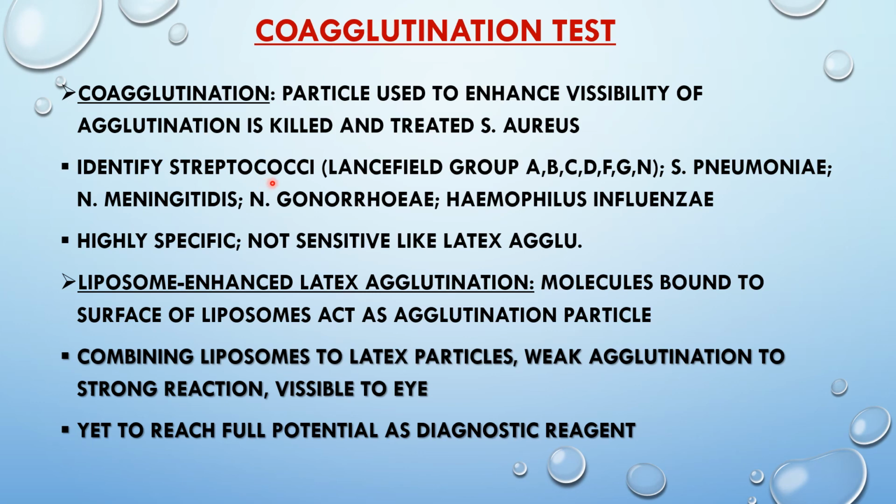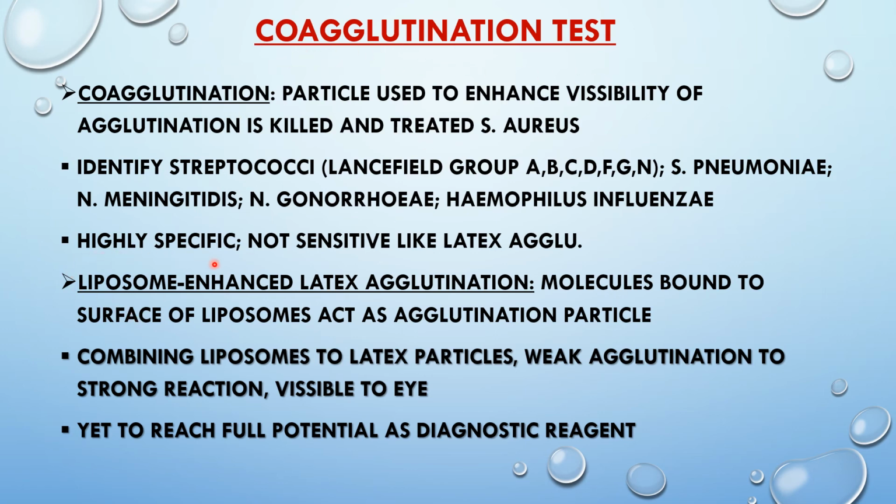And we can identify Lancefield groups of streptococci like group A, B, C, D, etc. Then Streptococcus pneumoniae, Neisseria meningitidis, Neisseria gonorrhoeae, and H. influenzae. So to identify Lancefield groups, and to diagnose pneumococcal, meningococcal, gonococcal, and H. influenzae disease, we perform the co-agglutination test.